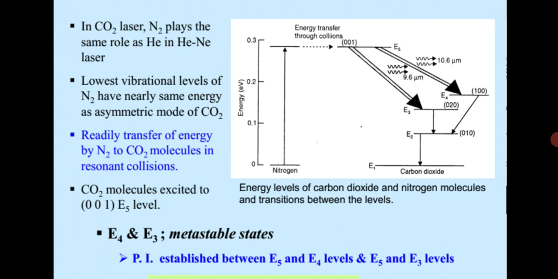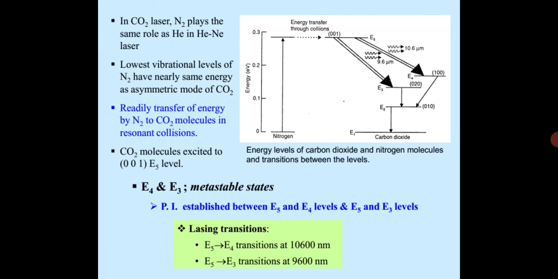So we get population inversion, and atoms from the energy level E5 may transfer to E4 or E3. If transferred from E5 to E4, we get 10.6 micrometer far infrared, and from E5 to E3, 9.6 micrometer.